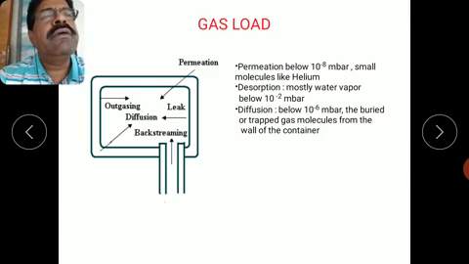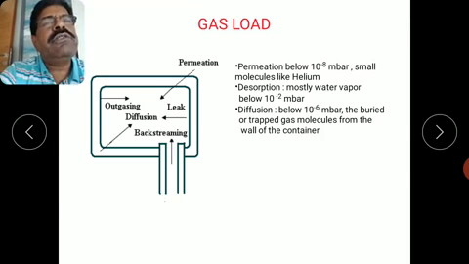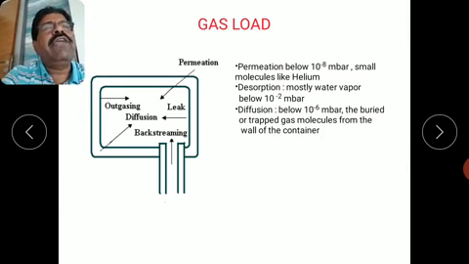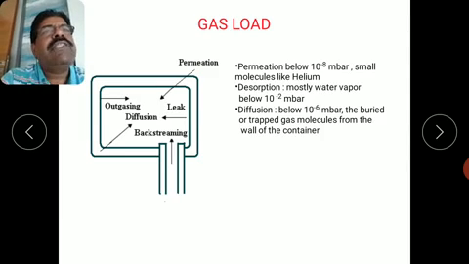vacuum pumps, we must understand some basic things which are involved here, because many times we will come across these terms while studying these vacuum pumps, and at that time you must know the meaning of each term. So first of all, when you are creating a vacuum, the entire gas molecules present inside the chamber, you can refer to as the gas load.